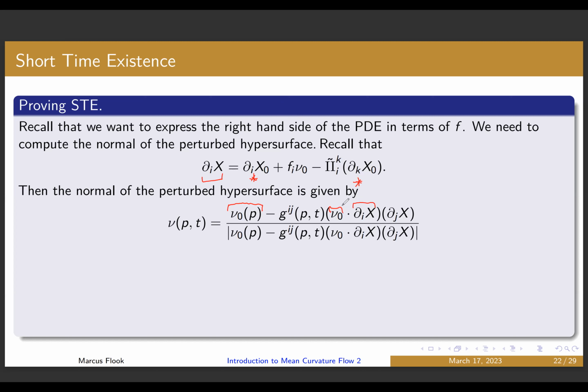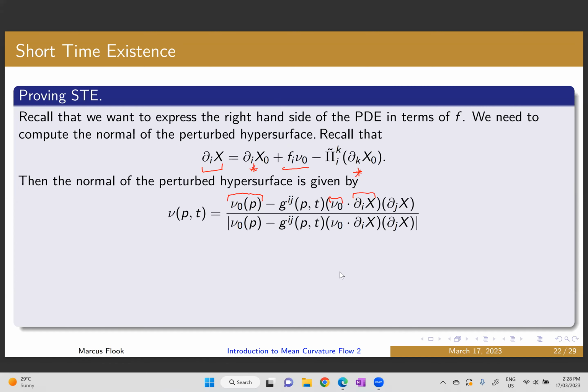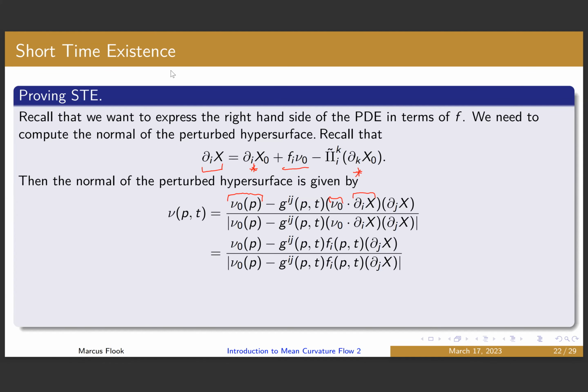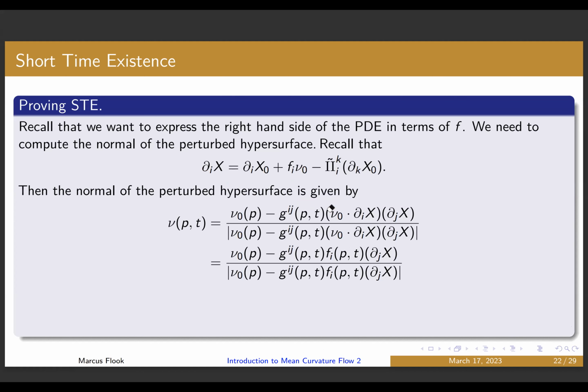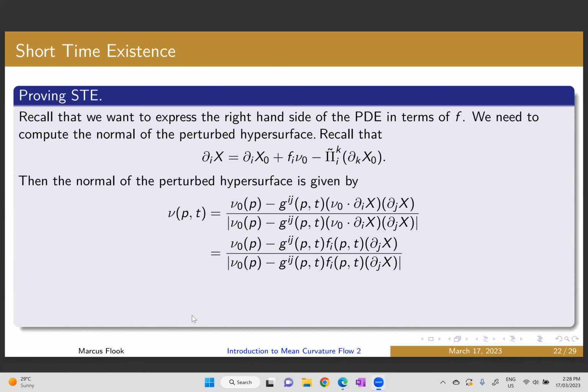So the only component that we're left with is this ith derivative of f. So we can simplify this again to get this form. Again, what this is telling us is that the normal vector, as it evolves, is only going to be very small perturbations of the initial normal vector. So again, small perturbations.